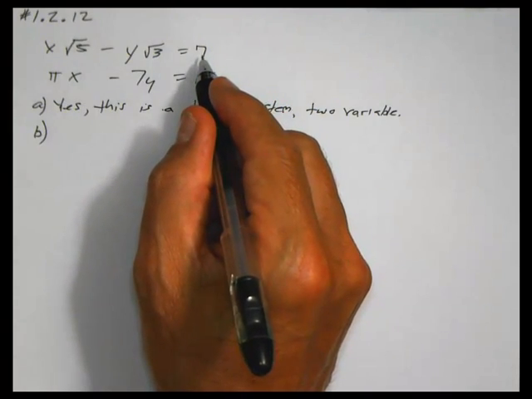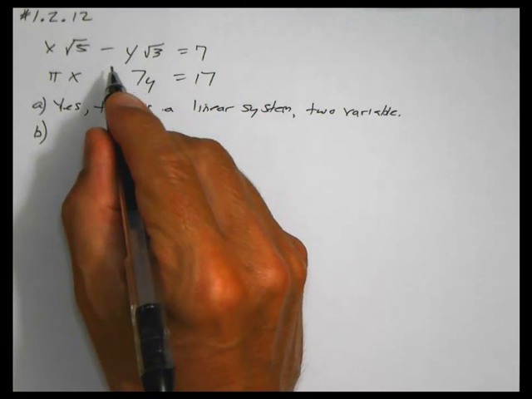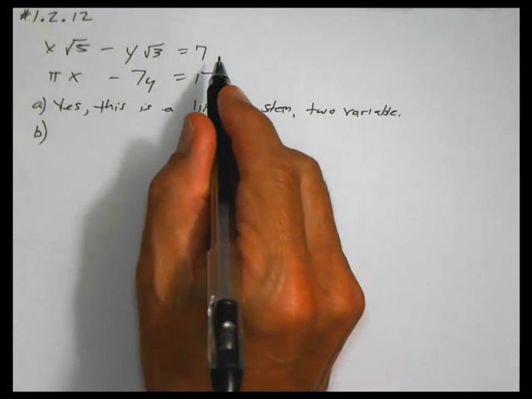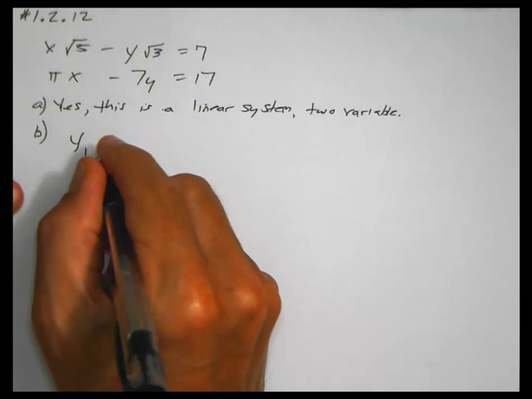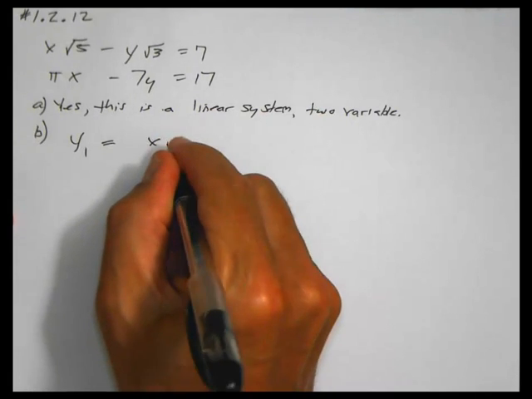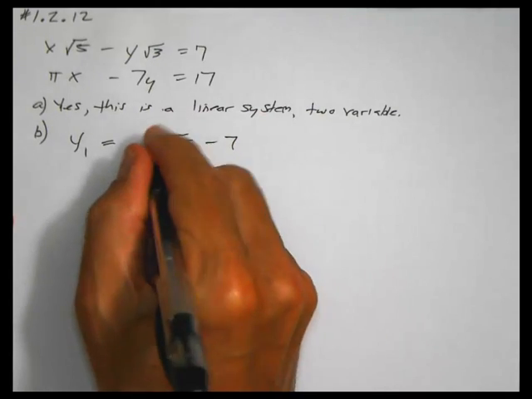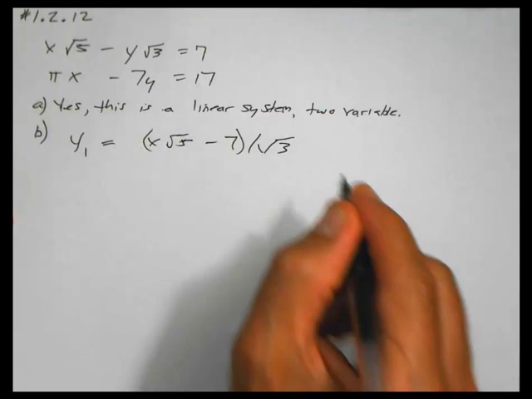So we subtract x square root of 5 from both sides, and then divide both sides by a negative square root of 3. Let's see, we could have ourselves a y1 equaling x square root of 5 minus 7 divided by square root of 3.